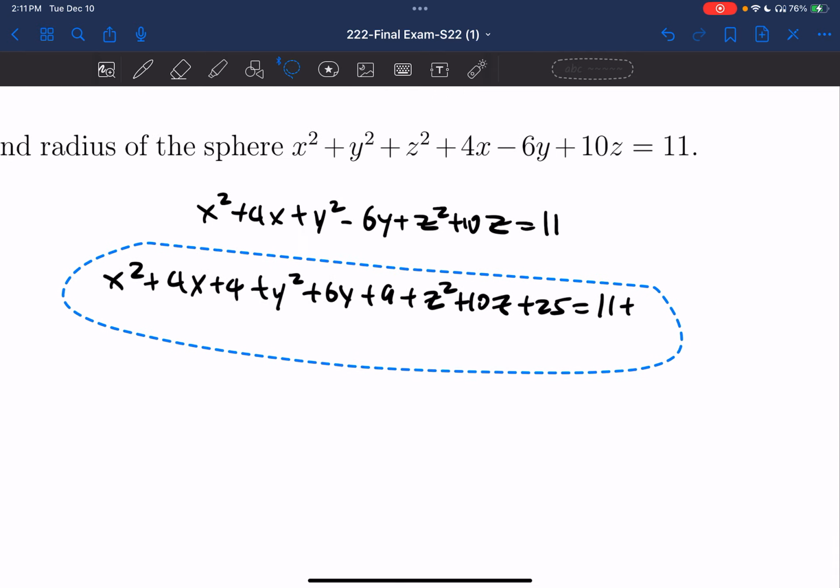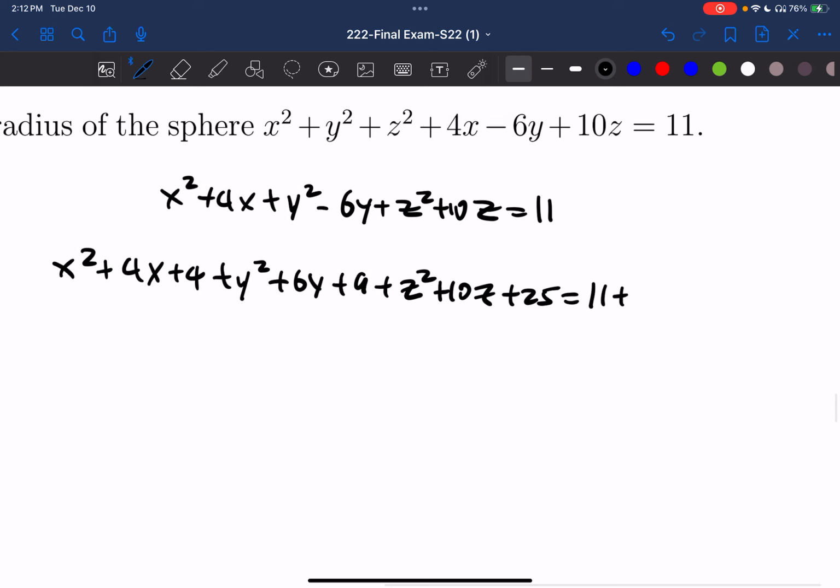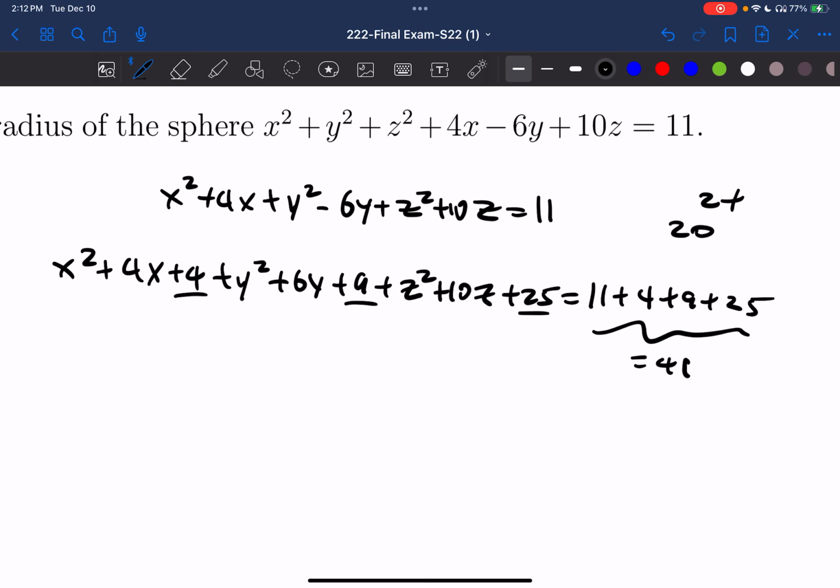Let's write this over here so we have more room: 11 plus 4, 9, and 25. If we add it to one side, we must add it to both sides. 11 plus 9 is 20, 20 plus 4 is 24, 24 plus 25 is 49. So this right here is equal to 49.